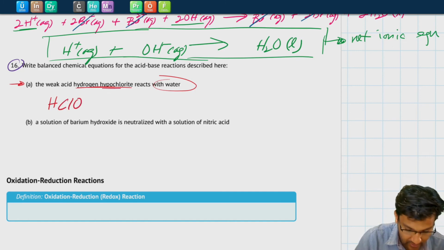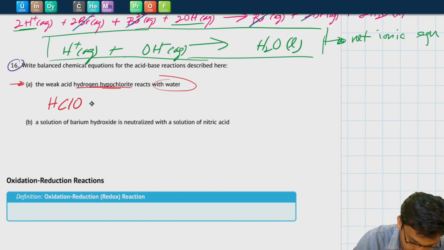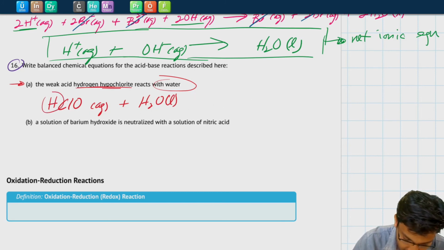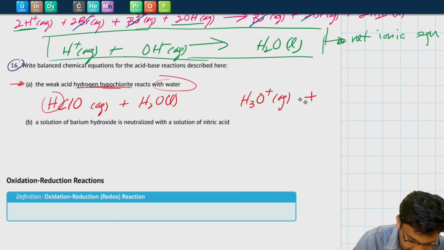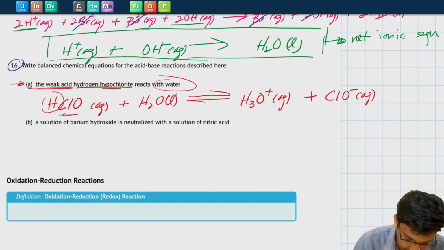So hydrogen hypochlorite, or hypochlorous acid, has formula HClO aqueous. And if it reacts with water, H2O, it will form a hydronium ion aqueous, and then the anion will be left over, ClO- aqueous. But because this is a weak acid, we're going to put double arrows.